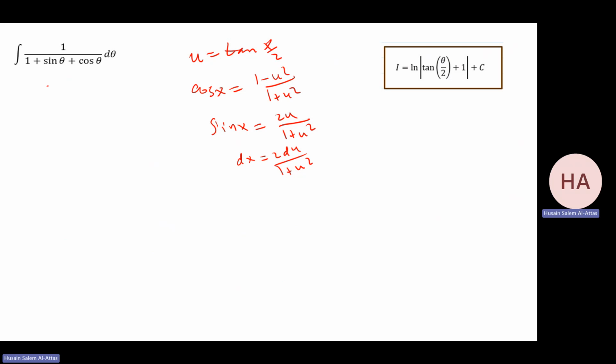Now I plug everything in using the substitution. We have theta, with u equal tan theta over 2, so this is theta, and this is d theta.